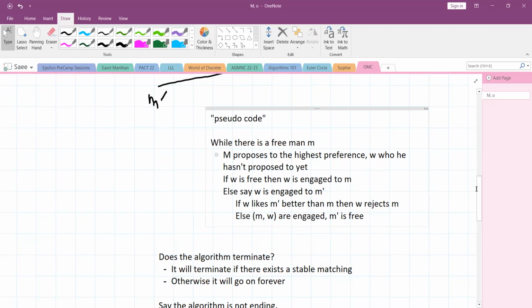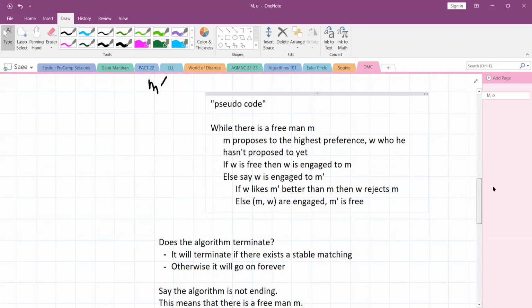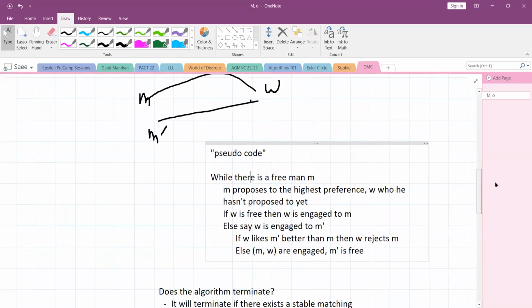Maybe we chose M1 first, M2 later, or we chose M2 first, M1 later, right? So, can it happen that choosing M1 first and M2 later, and M2 first and M1 later, gives us the same matching? Can that happen? What do you think?